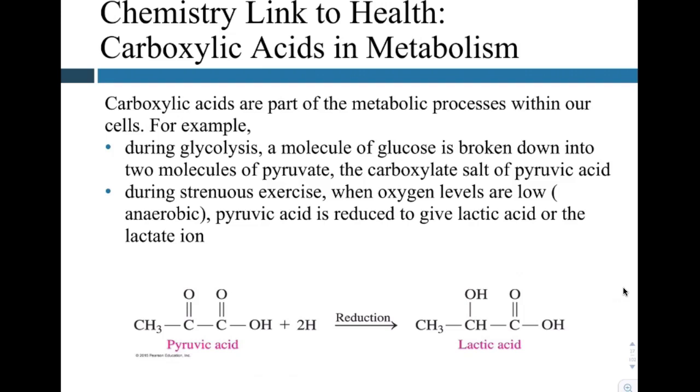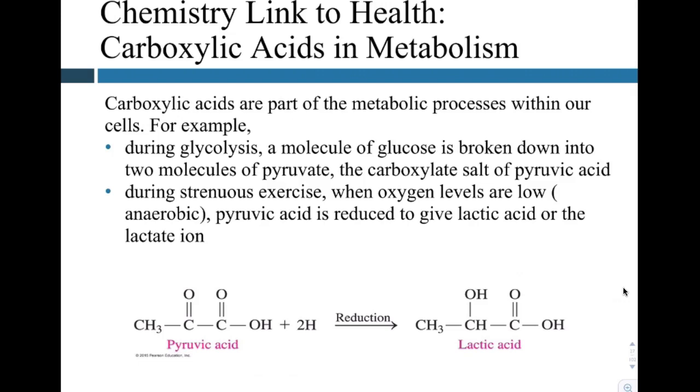And so if I have 2 hydrogens here to gain, this is what happens when you make lactic acid. If you've ever done any sort of low oxygen strenuous exercise, like anaerobic exercise, or if you've ever gotten a massage, you can actually reduce carboxylic acids in your muscles and produce lactic acid. You take fewer bonds to oxygen.